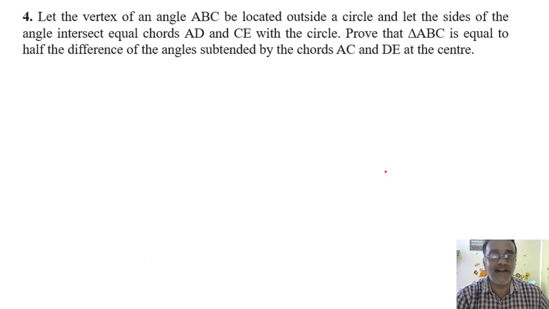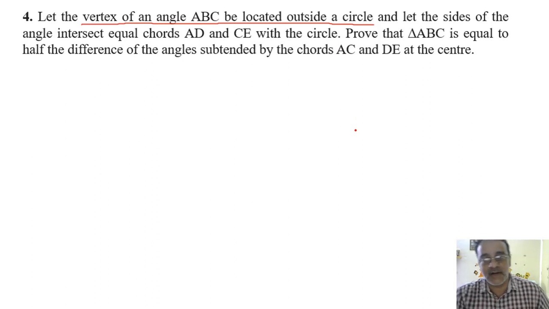So let the vertex of an angle ABC be located outside a circle. So that means one vertex of triangle ABC is outside the circle, and let the sides of the angle intersect chords AD and CE with the circle. अब देखो, chords AD और CE दो chords हैं और ये दोनों में ये 2 पॉइंट्स आ गया. सो कौन सा वर्टेक्स आउटसाइड द सर्कल है?